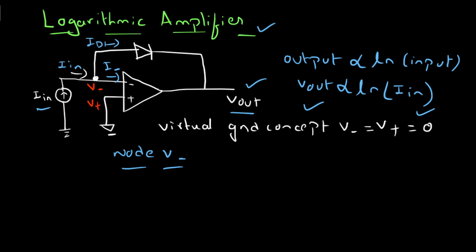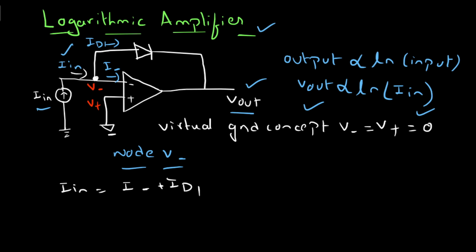At V minus, the current I in is flowing towards the node, and I minus and ID1 are moving away from the node. So you can write I in equals I minus plus ID1.